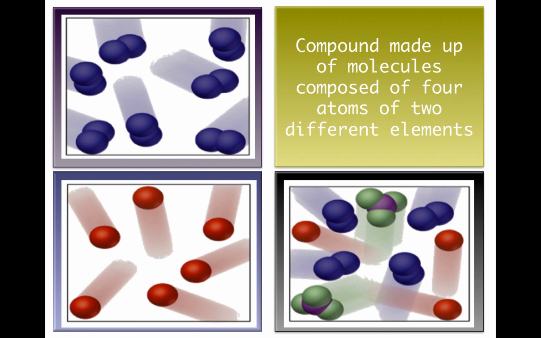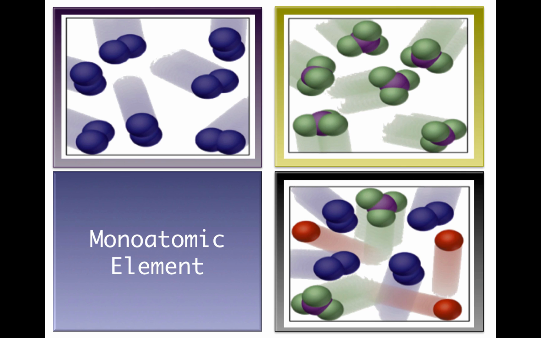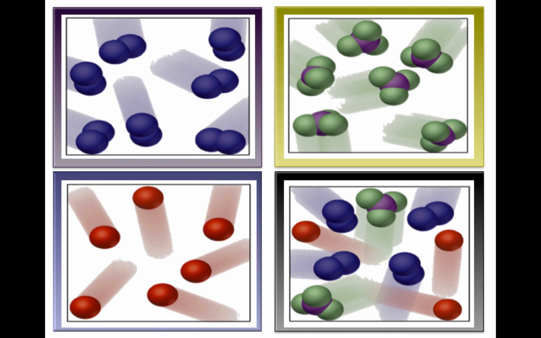Let's look at the diagram in the lower left-hand corner. Single red spheres. This would represent atoms of an element. And since there's only 1 red sphere to represent the element, we say that it's a monoatomic element. Now let's consider the figure in the lower right-hand corner.